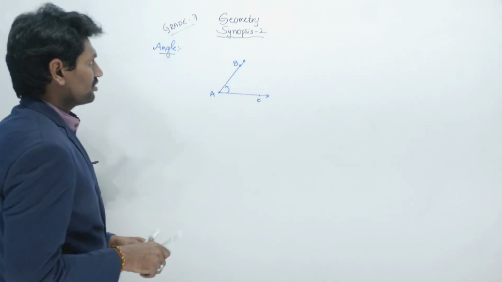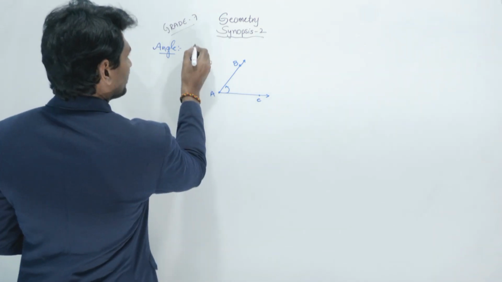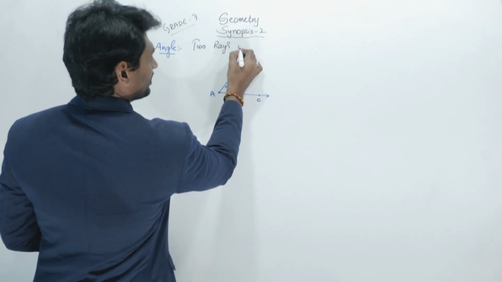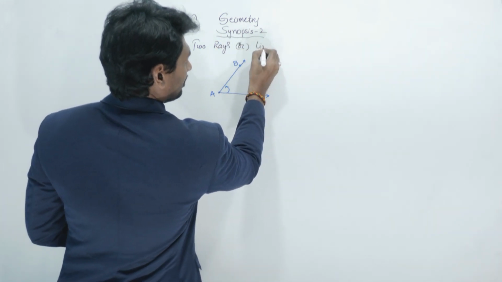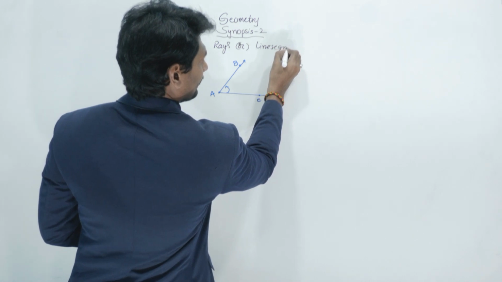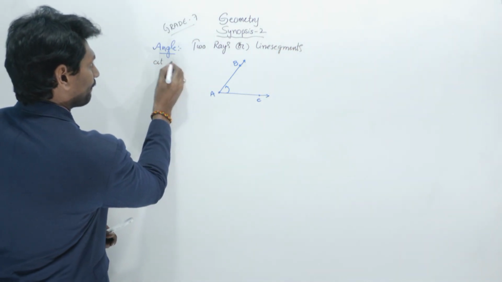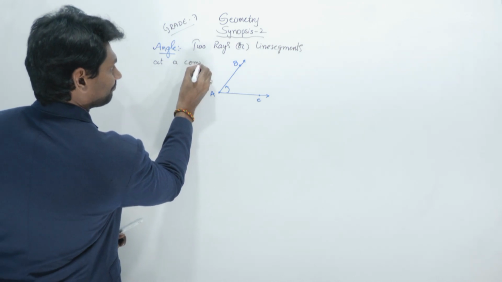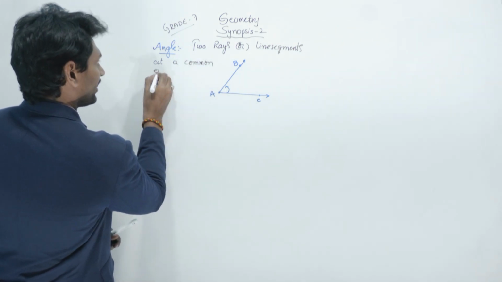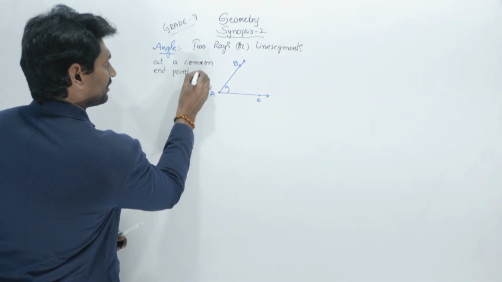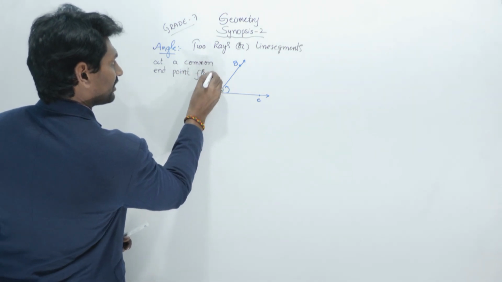Correct? So simply we can say that two rays or line segments at a common endpoint form an angle.